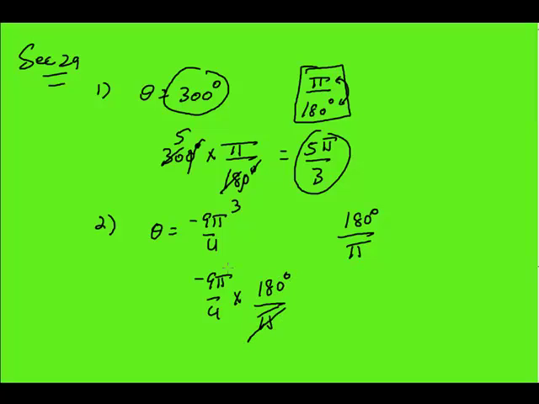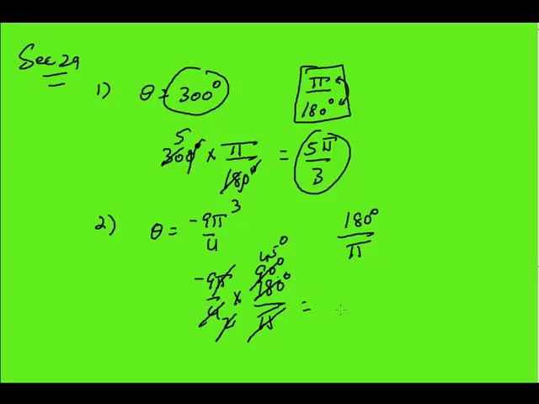Now the pi's cancel, and then I'm going to reduce the 4 and the 180, so 2 will go into this 90. So I have 90 degrees, and I have 2 left here, and I can go again. 2 will go into that 45. So 9 times 45.